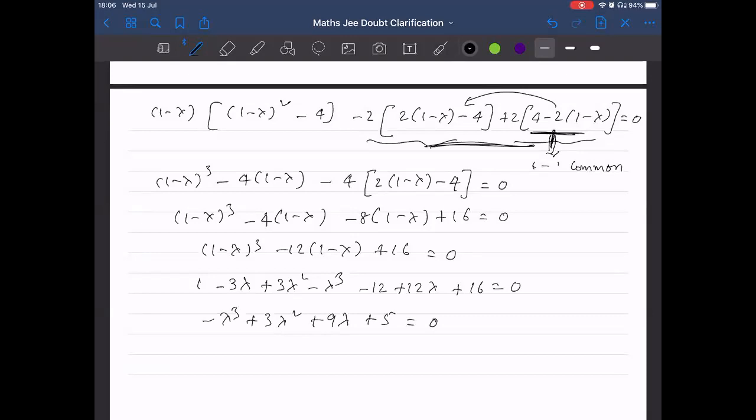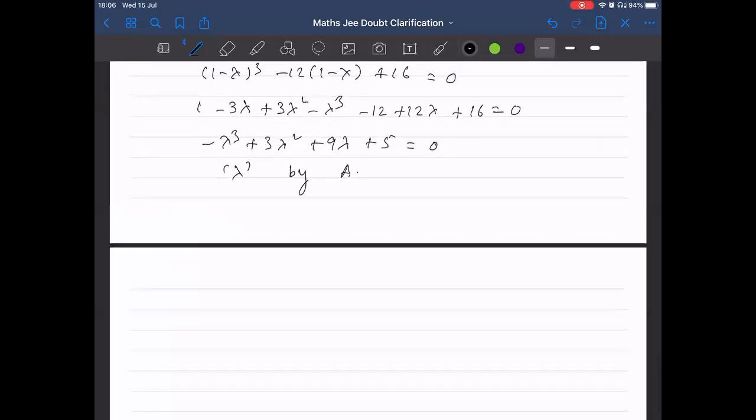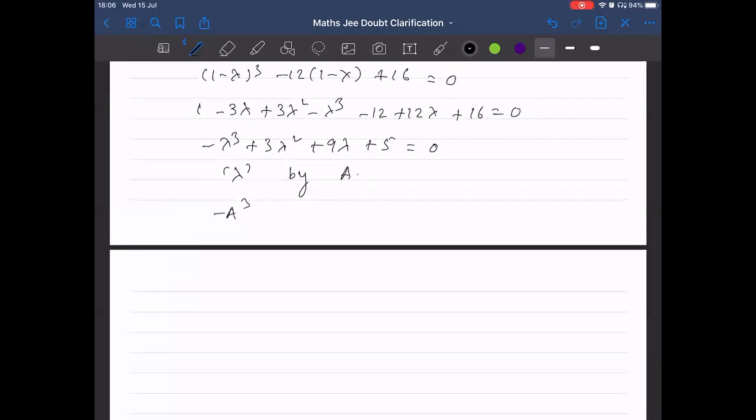So replacing lambda by A: minus A cube plus 3A square plus 9A plus 5I makes it equal to 0. So take minus common: A cube minus 3A square minus 9A minus 5I equals 0.